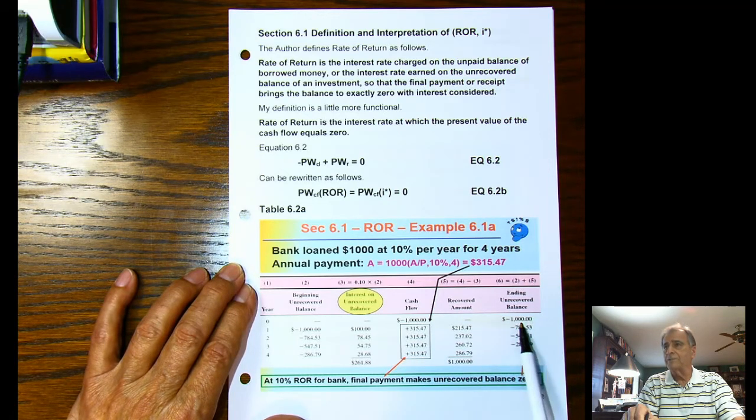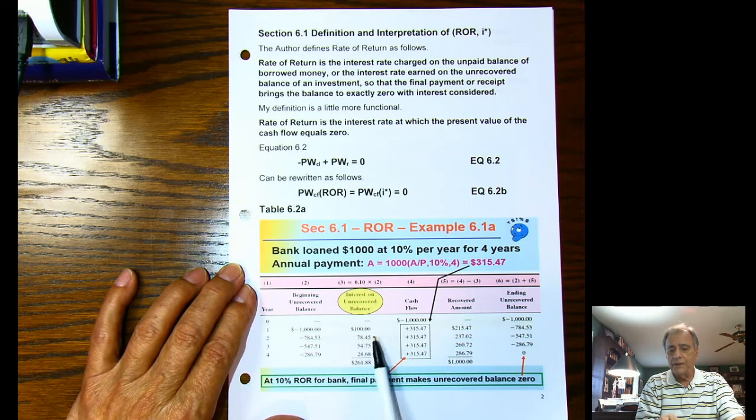10% of that unpaid balance. So you owe $100 of interest, but you make a $315.47 payment. So how much of that payment is interest and how much just pays off the balance? Well, only the part above the interest is paying off the balance of the loan. That's called principal.